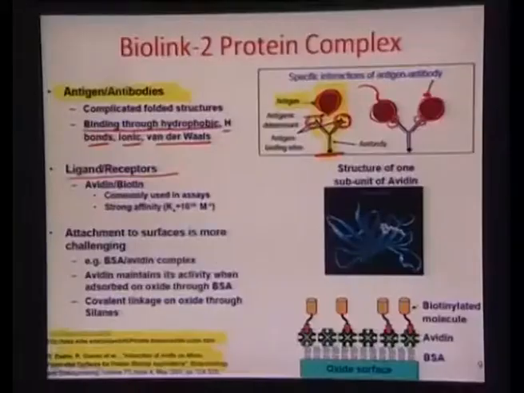And then we have this ligand receptor binding. What this essentially means is, and this is one of the very famous locks in biochemistry, it is called the avidin biotin lock. So you can see how the structure of one subunit of avidin looks. It's a very complicated molecule, as you can see here, and biotin is again an organic molecule.